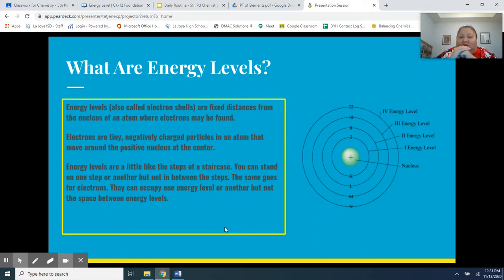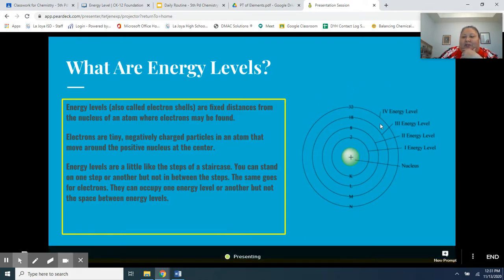The same goes for an electron. An electron can be in energy level 1, 2, 3, 4, and so on, but it cannot be in between energy level 2 and energy level 1. It's either in energy level 2, energy level 1, or any other energy level, but it cannot be between the energy levels, okay?